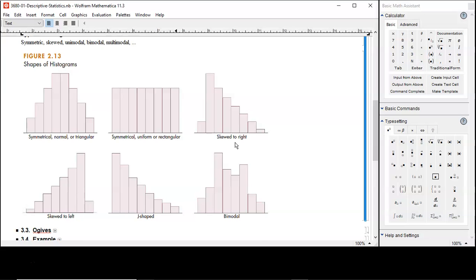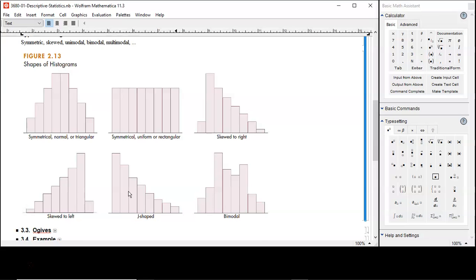What do you mean by that? Skewed or stretched to the right here, and skewed or stretched to the left. So start from this kind of symmetrical shape, and then take this right-hand side part, stretch it, and the left-hand part, compress a little bit, and this is what you get.